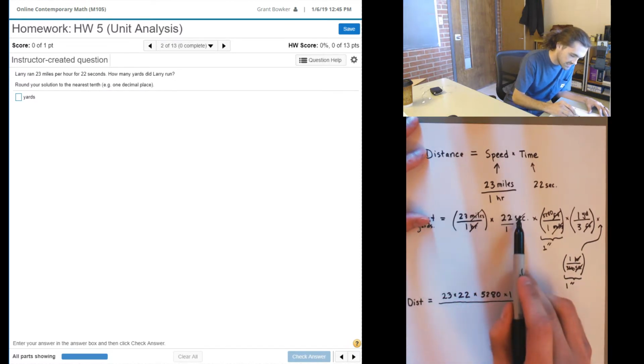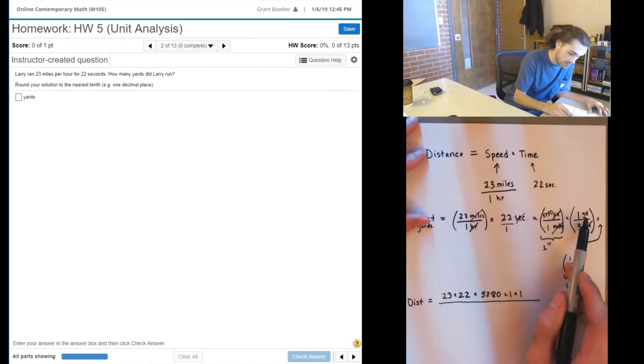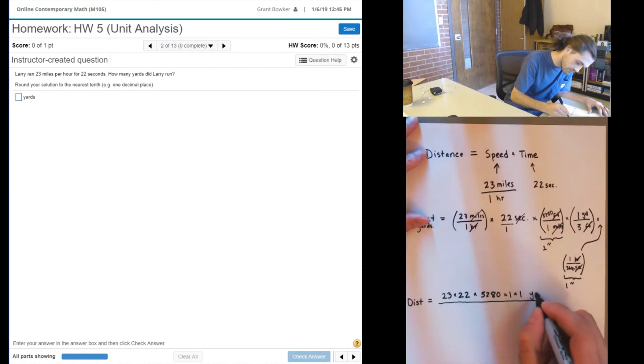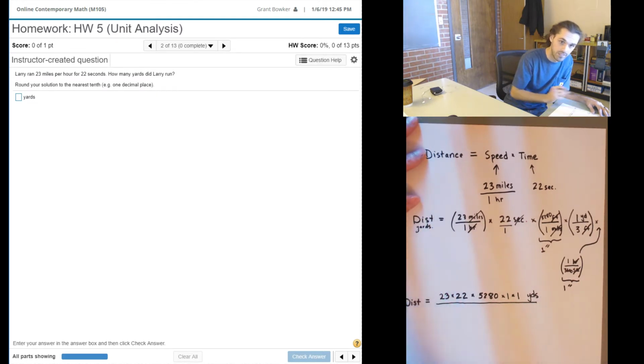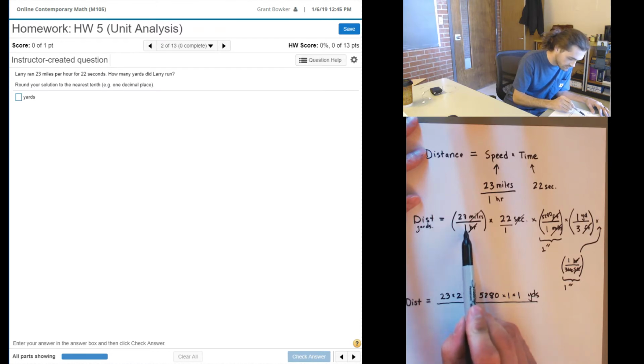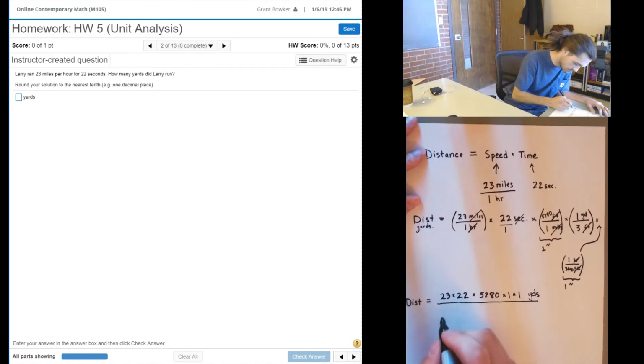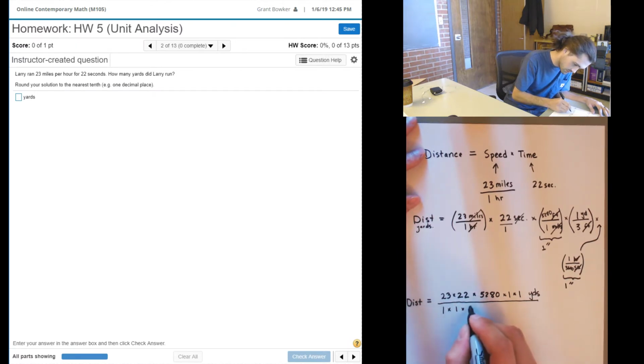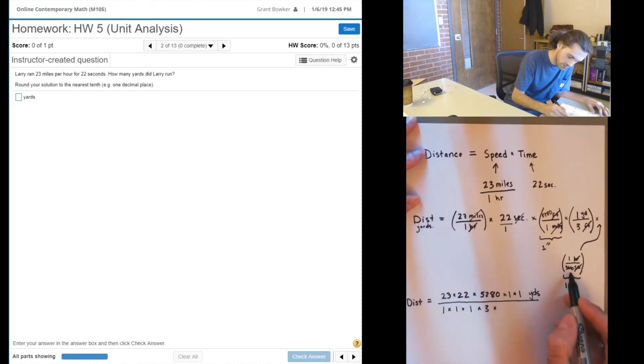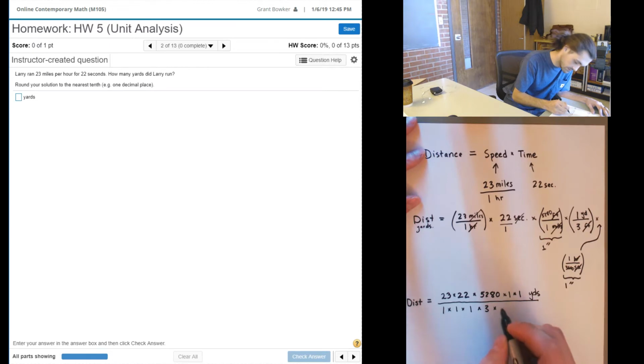Miles went away, seconds went away, feet went away, yards survived, which is good because that's what I want out for my distance. My downstairs, I have 1 times 1 times 1 times 3 times, and then don't forget about this 3,600 seconds over here.